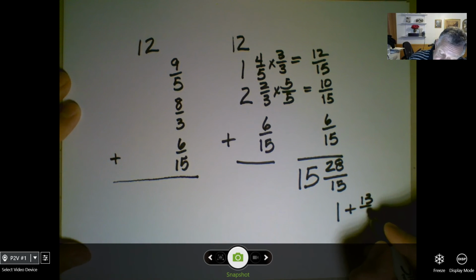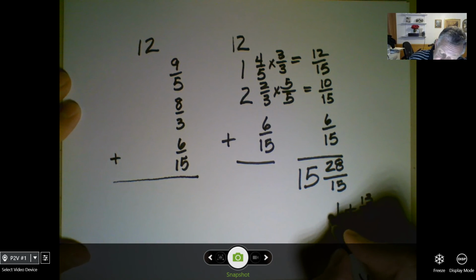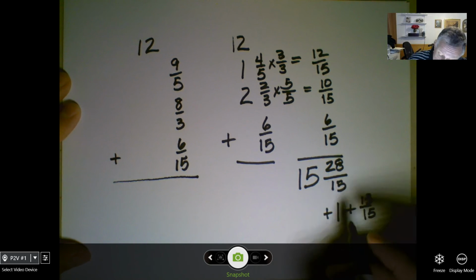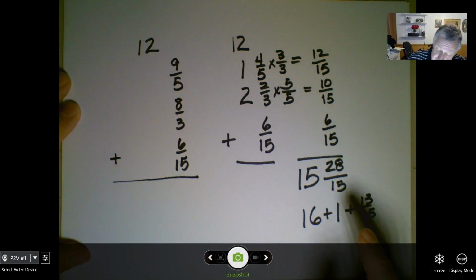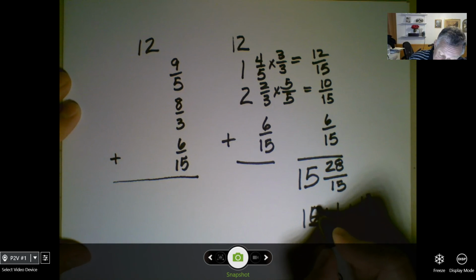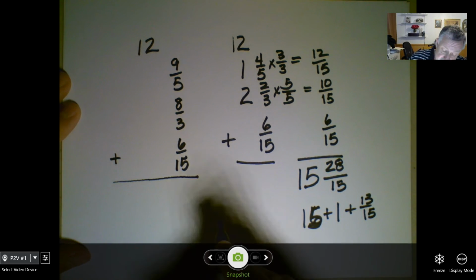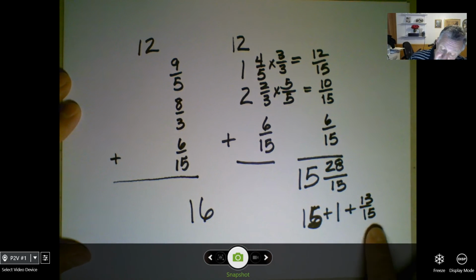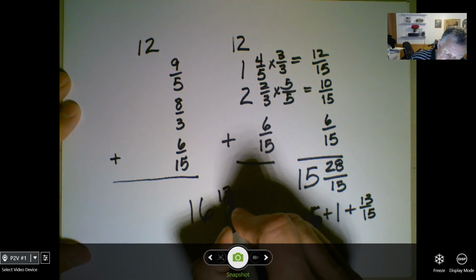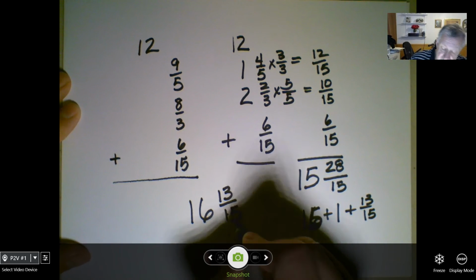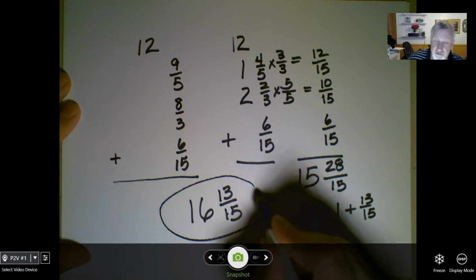That would give me 28/15, and I can't forget to add my whole number that I had here. Whoops, 15. I'm getting ahead of myself. Okay, and 15 plus 1 is 16, and my fractional part is 13/15. So there's my final answer.